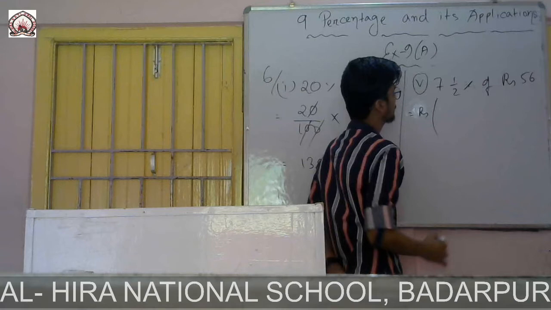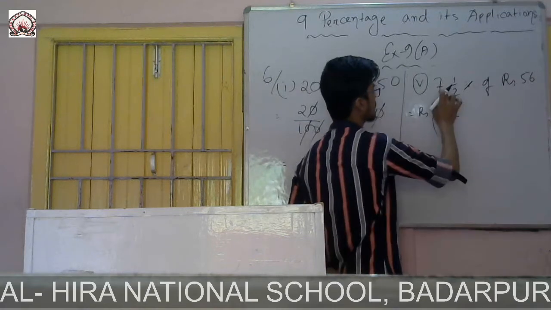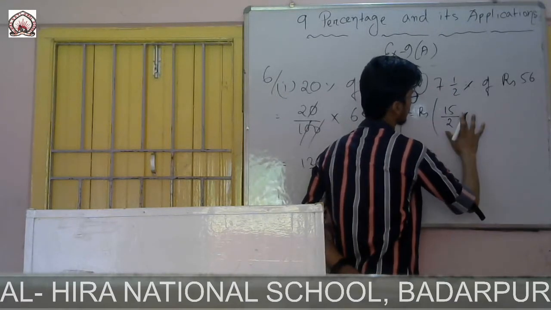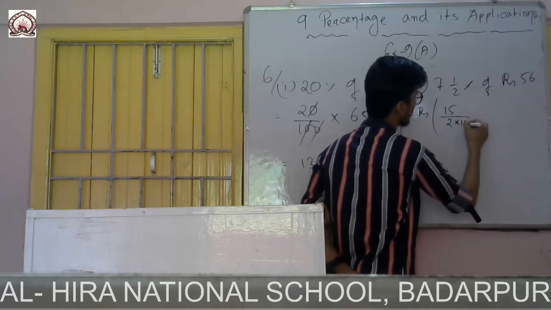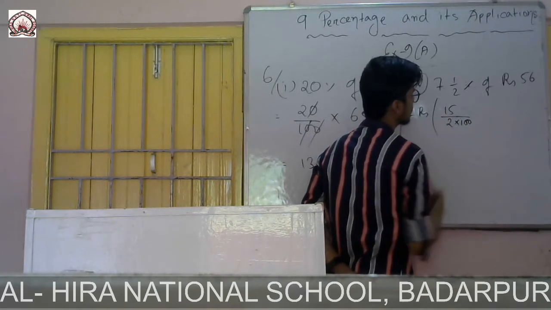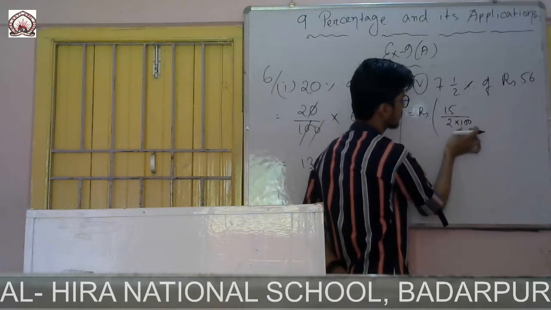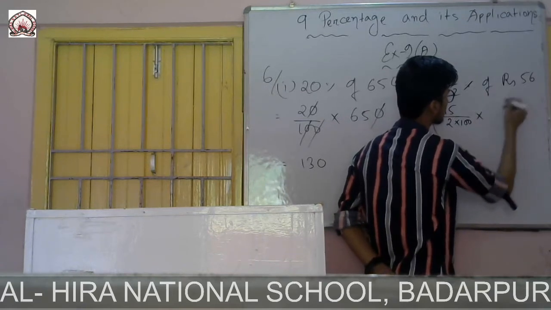So if I convert this one to an improper fraction, it will be 7 2s are 14 and 1 is 15. 15 by 2 percent. Okay, you write, and for percent I will simply divide it by 100. So 15 by 2, to convert this percentage I simply divide it by 100, and the rupees given there is 56.